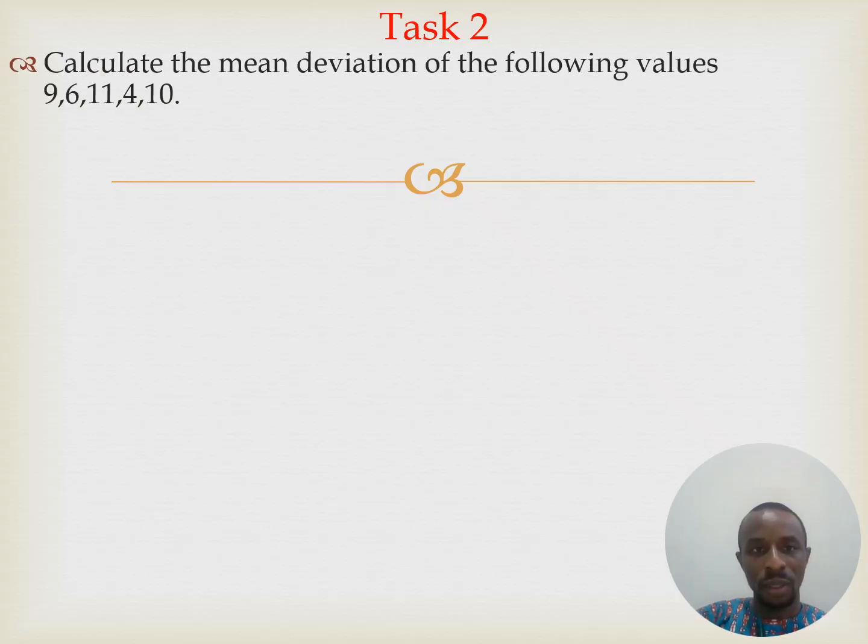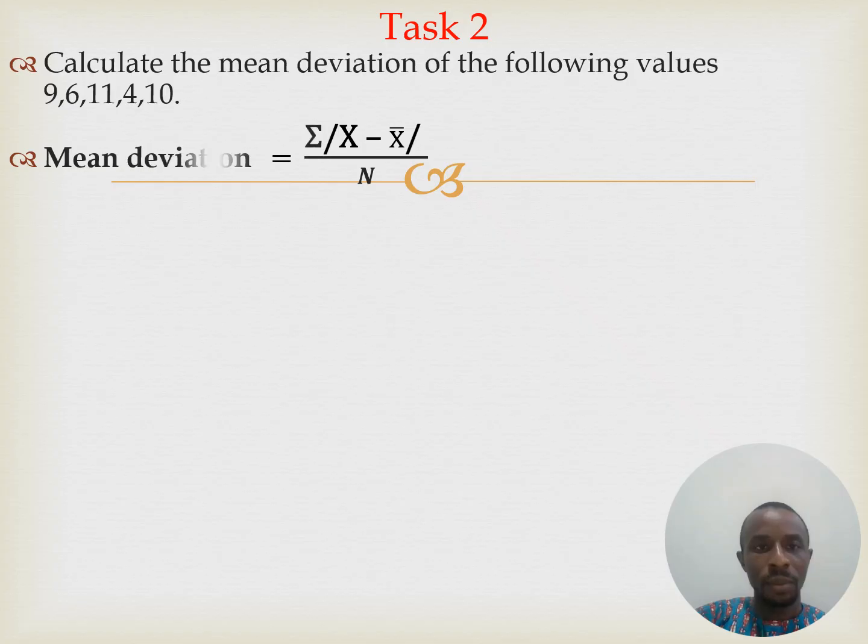Let's look at this. I have this task for you. Calculate the mean deviation of the following values: 9, 6, 11, 4, and 10. Making use of this formula, you already know how to calculate arithmetic mean. X bar is summation x over n. So you add these 5 numbers together and divide by 5.